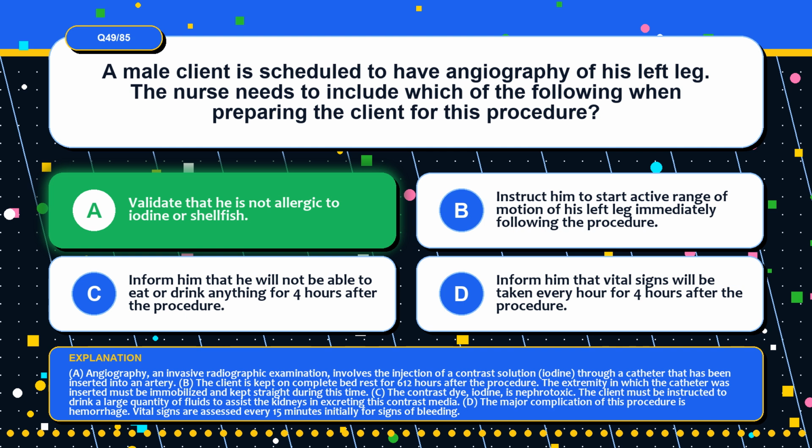The extremity in which the catheter was inserted must be immobilized and kept straight during this time. C. The contrast iodine is nephrotoxic. The client must be instructed to drink a large quantity of fluids to assist the kidneys in excreting this contrast media. D. The major complication of this procedure is hemorrhage. Vital signs are assessed every 15 minutes initially for signs of bleeding.